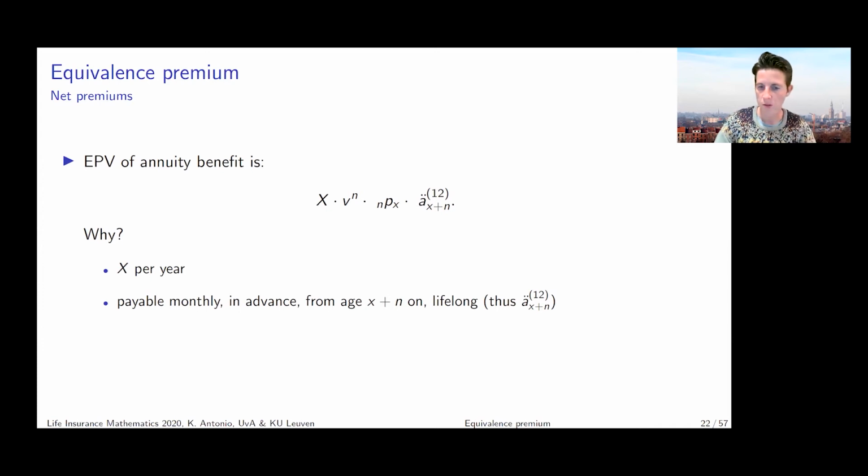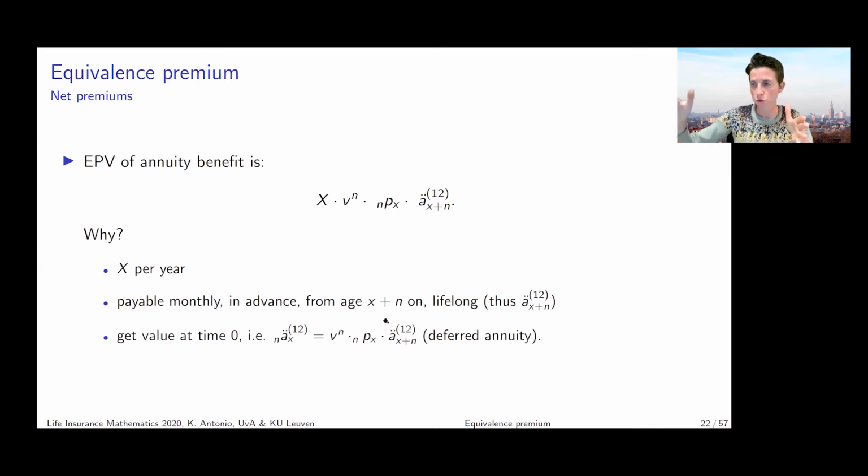From age X plus N on, lifelong. So what we're in fact looking at is this life annuity due, working in monthly installments, issued to an X plus N year old. But we need to get the value of this thing at time 0.